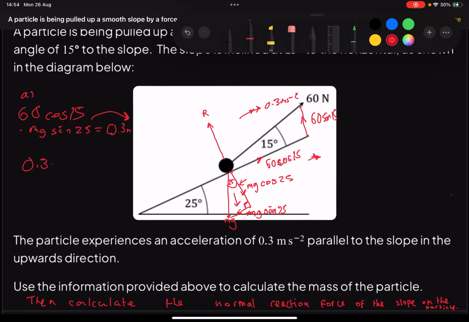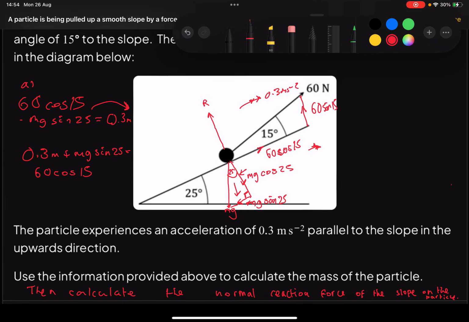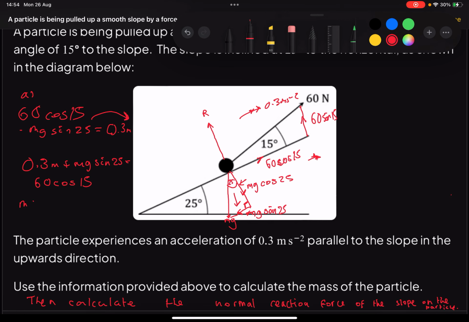So 0.3m plus mg sin 25 equals 60 cos 15. All you need to do here is factorize now. m times 0.3 plus g sin 25 equals 60 cos 15.